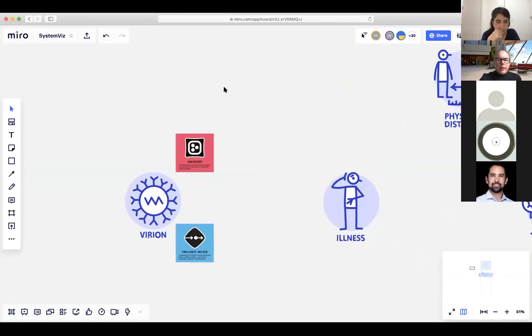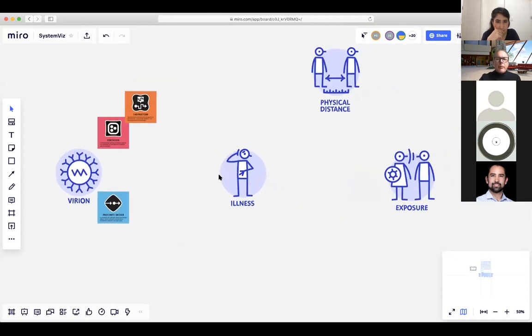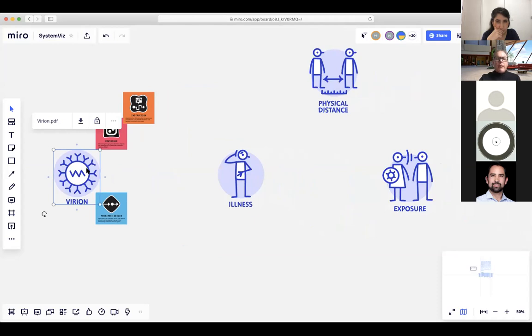So its payload is a set of instructions that allows it to reproduce. Now, we can go into detail on how it does so because it interacts with a cell, but that's a different level of analysis. It's important to point out what's going on here: all of the selection pressures of how the virus adapts happen in transmission.